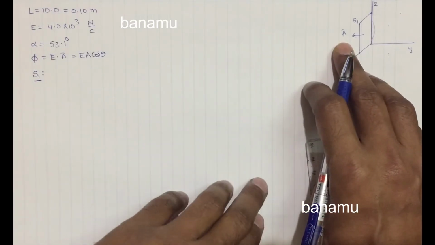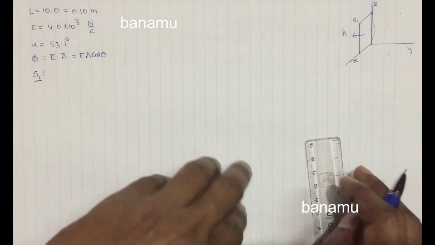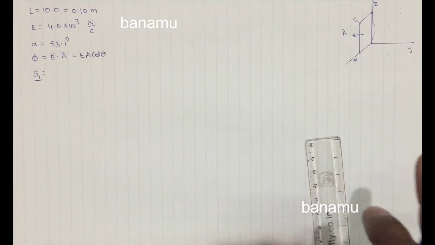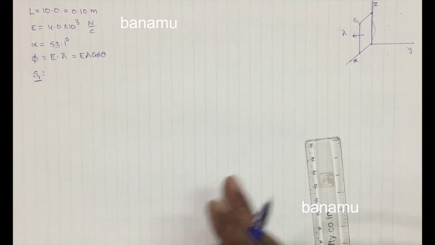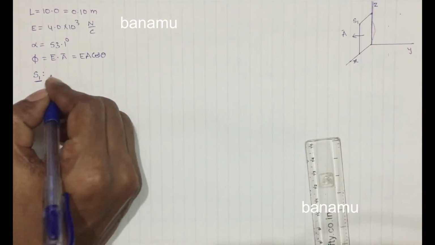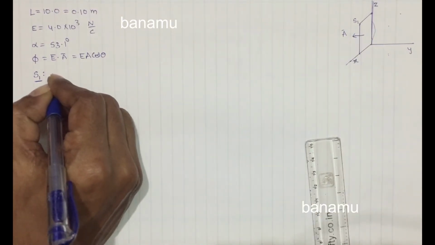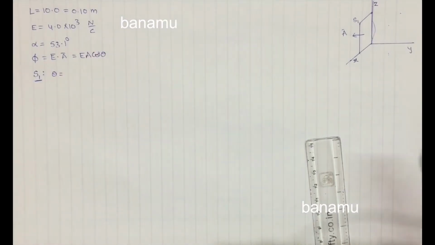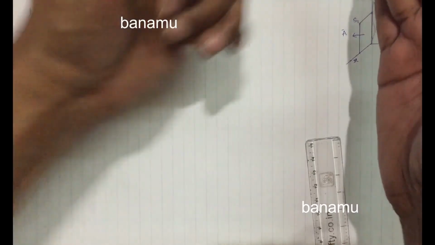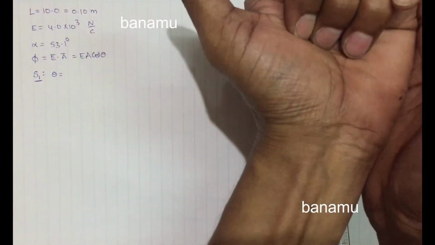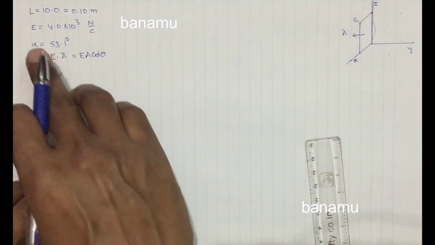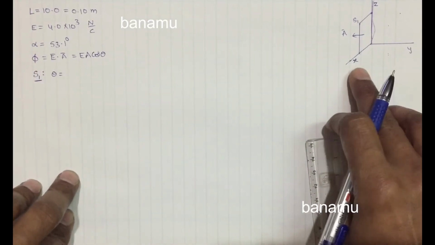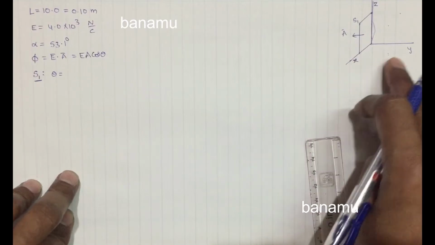So the angle between the electric field and the area unit normal vector is theta. Alpha is the angle between the electric field in the xy plane and the x axis, measured from the x axis towards the y axis.